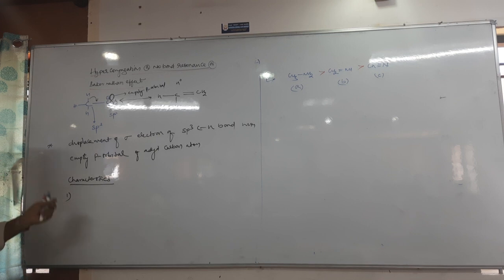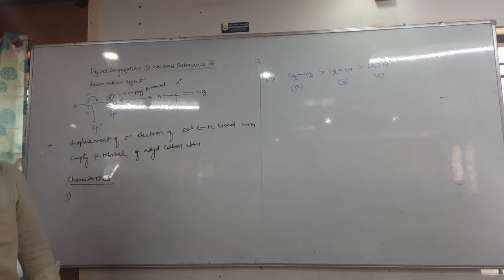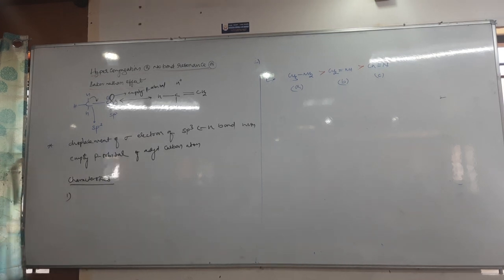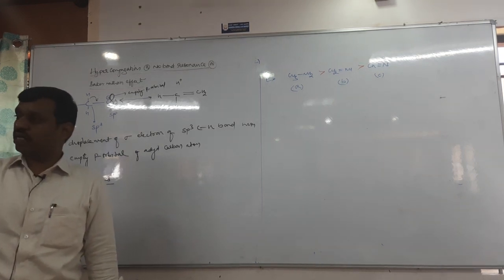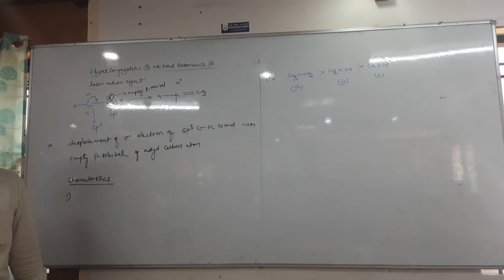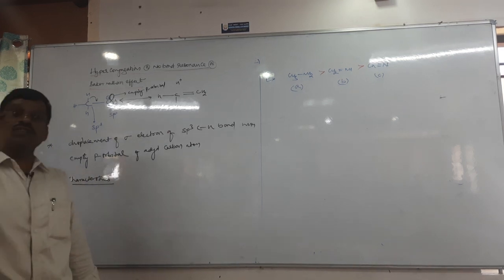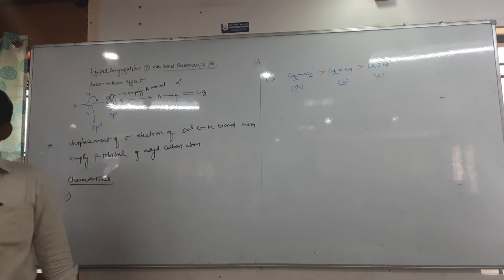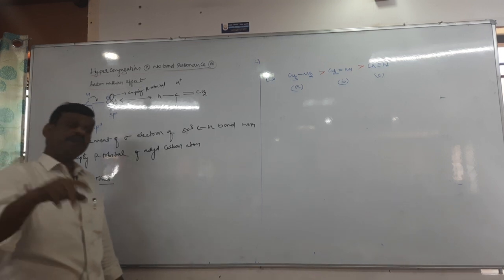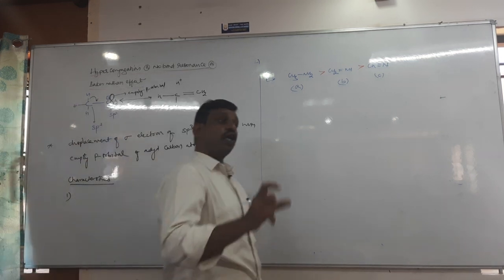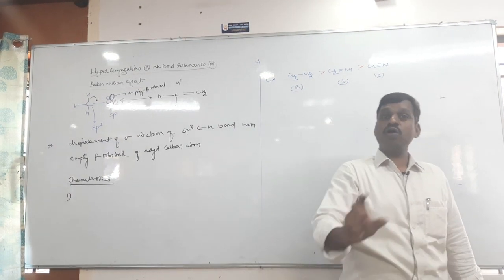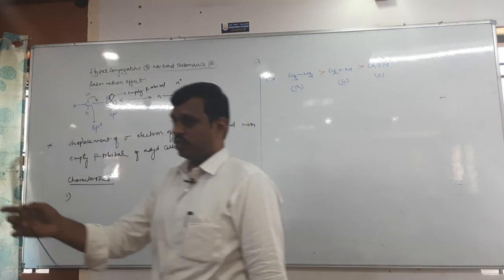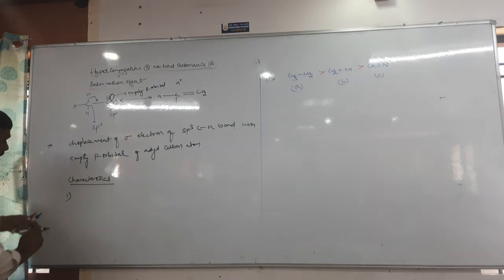Tell me first, where is hyperconjugation possible? There are 3 species: carbocation, free radical, alkene. Carbocation, free radical, alkene having at least one alpha hydrogen can exhibit hyperconjugation. Next, second characteristic. Hyperconjugation operates from which position? Ortho and para. It does not operate from meta. So these two are the important characteristics.